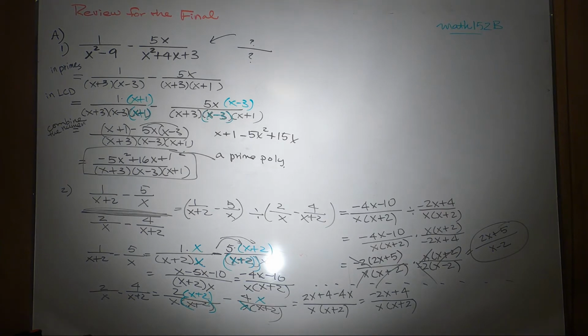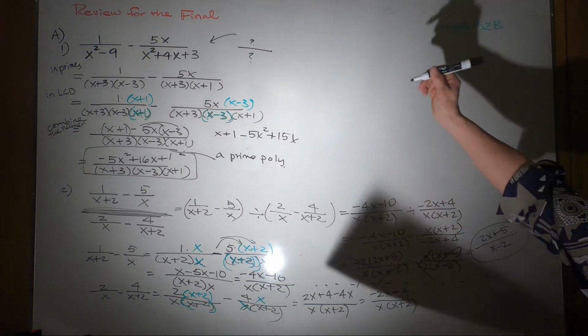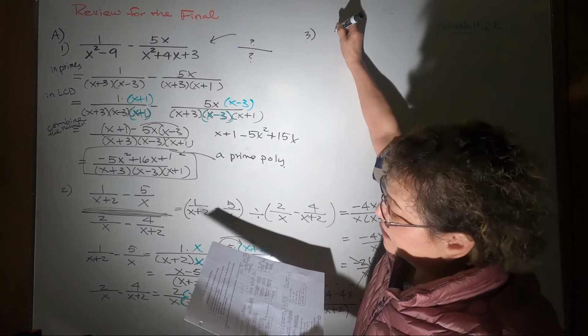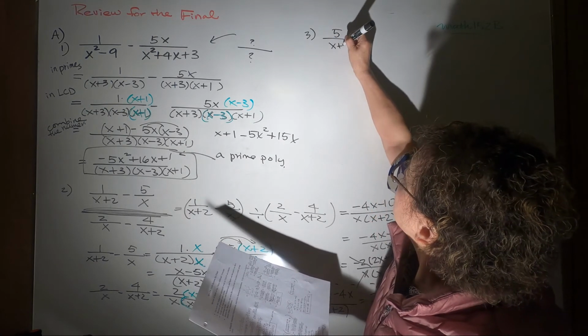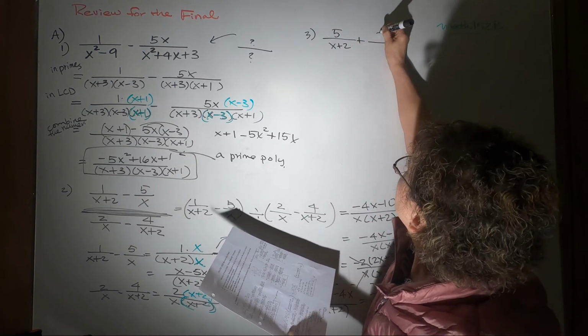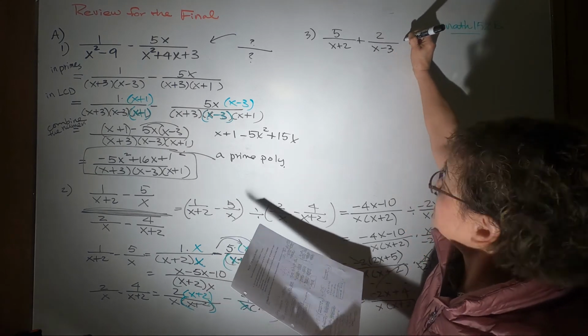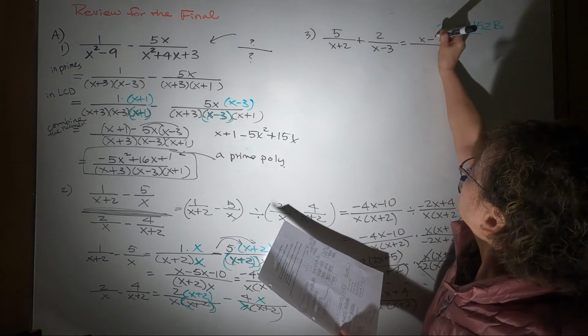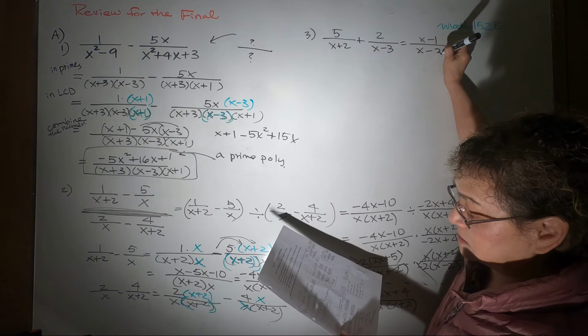Next one, let's try to solve rational equations. Okay, so next one, 5 over x plus 2 plus 2 over x minus 3 equals what? x minus 1 over x, right?